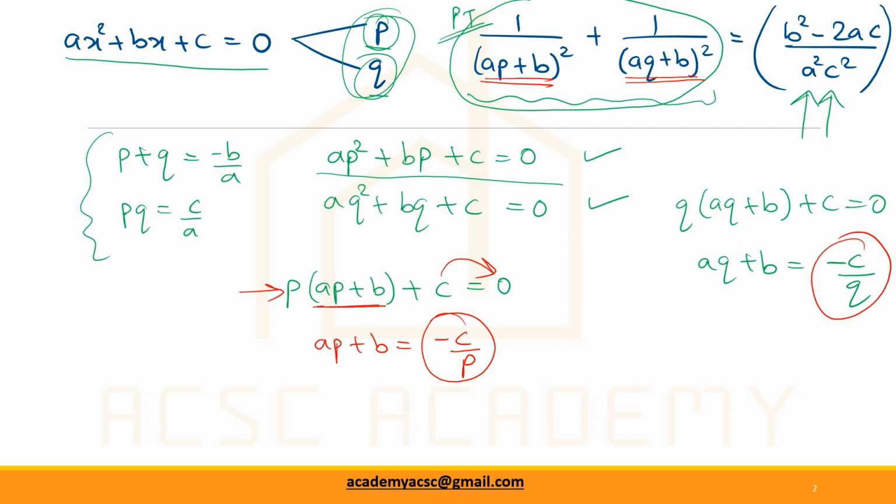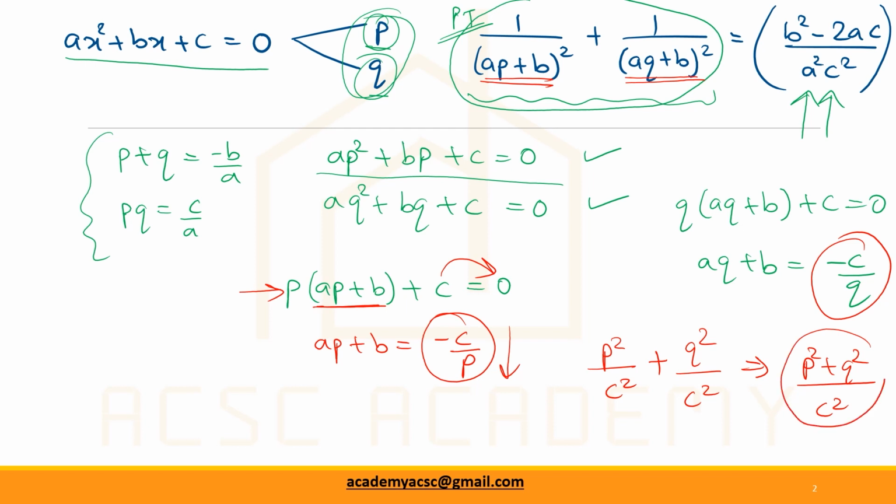So this thing will be reciprocated. We will get P squared by c squared plus, from this side, Q squared by c squared, which is P squared plus Q squared by c squared. So this is the result that we have got. But this is not exactly in the same format that we needed to prove.